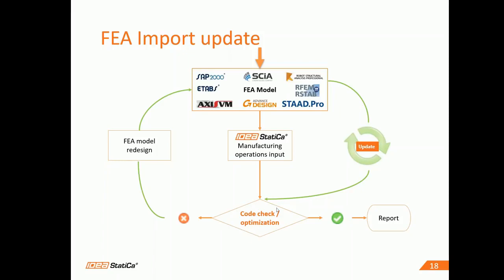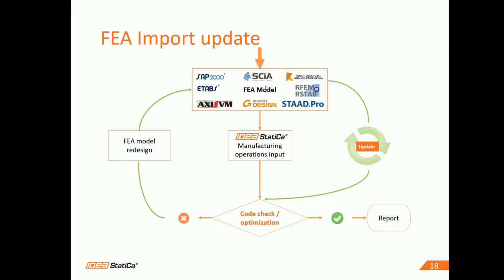Then he can proceed to code check or optimization. And if the engineer is not satisfied, usually he needs to redesign the finite element analysis model. So we are back at the start.